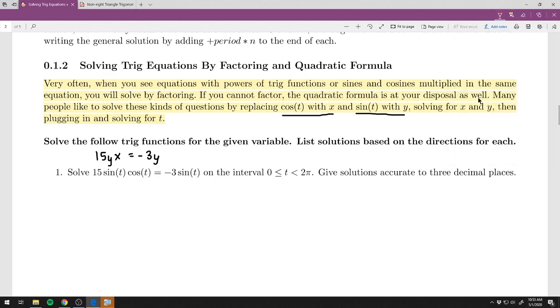Now, one of the main things about what we wrote up here is factoring, or using the quadratic formula. If you're going to do either one of those things, you need to make one side 0. And for all these questions that we're going to do, for the most part, some we might be able to not have to get 0 on one side, but for the most part, you need to get 0 on one side.